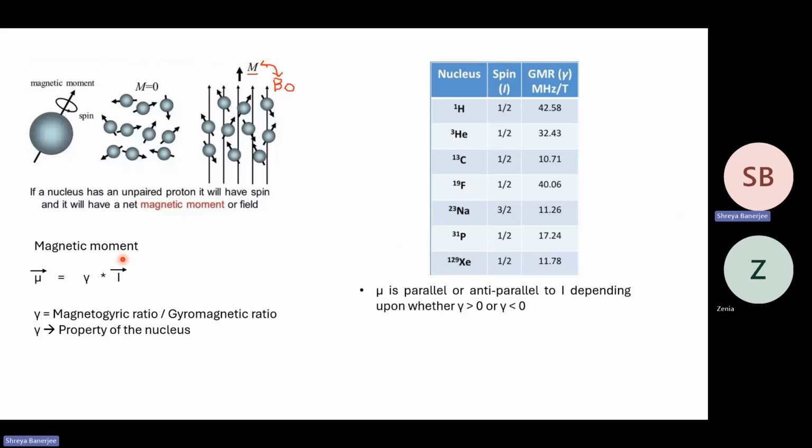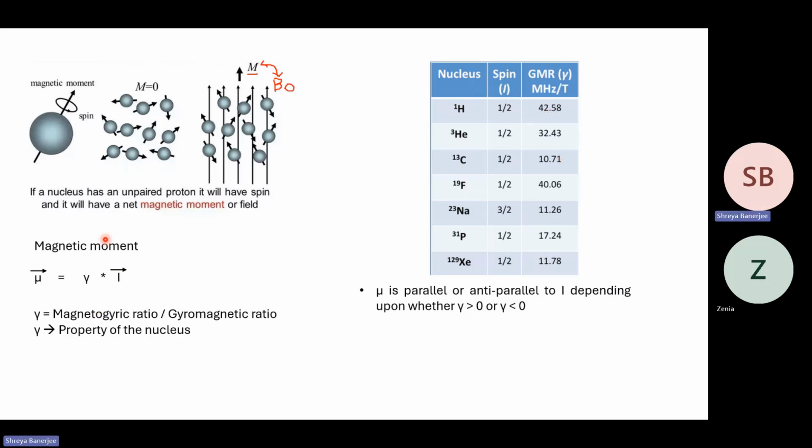Now the magnetic moment, or mu, of a particular nucleus is represented by this formula: gamma into I. Gamma is a property of each element known as magnetogyric ratio or gyromagnetic ratio, and you can see gamma has different values for different elements. 1H, which is the most common type of NMR taken, has a gamma value of 42.58 and so on.